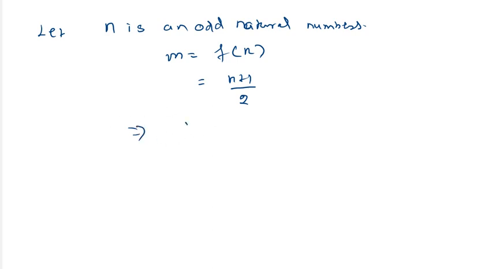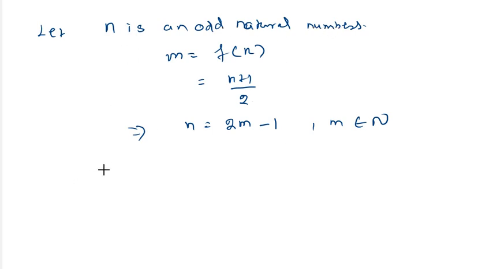Then this implies n equal to 2m minus 1. So n odd number means m can be any natural number. Whatever natural number is given to m, then n will be an odd number.